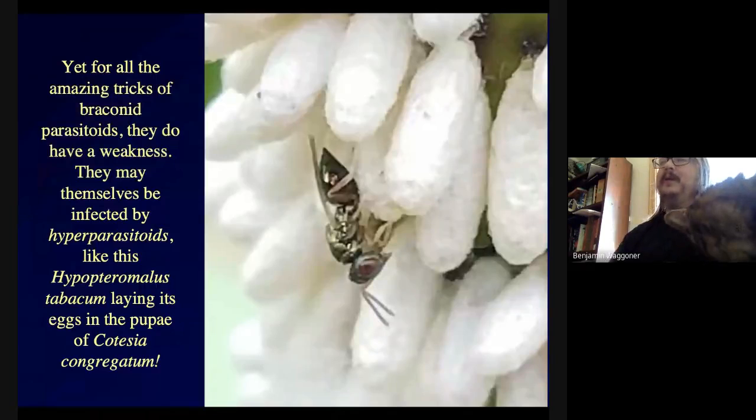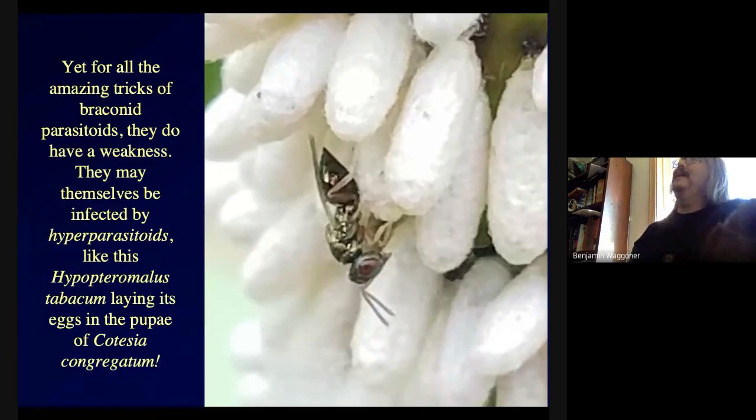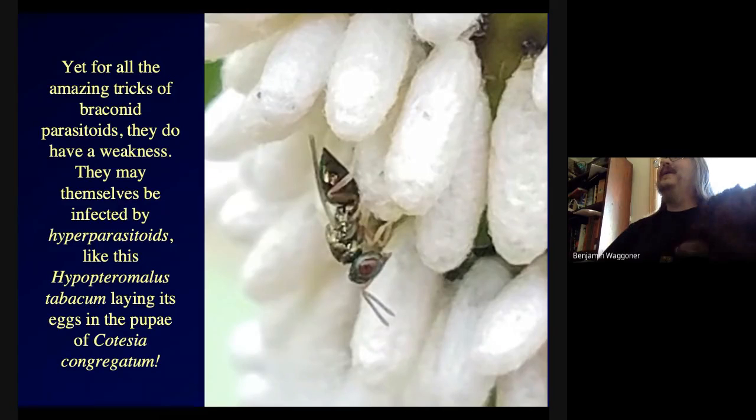I'm not really sure how far this goes. But it reminds me of some wag who wrote a poem that goes, big fleas have littler fleas upon their backs to bite them, and littler fleas have littler fleas, and so on, ad infinitum. I'm not sure how far down that goes, but yeah, here we have a parasitoid of a parasitoid.